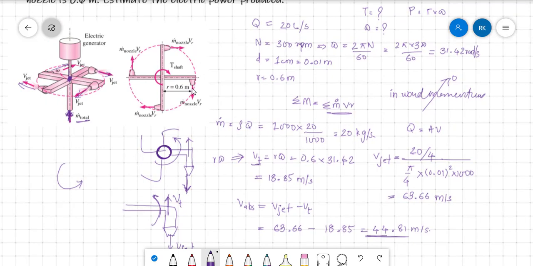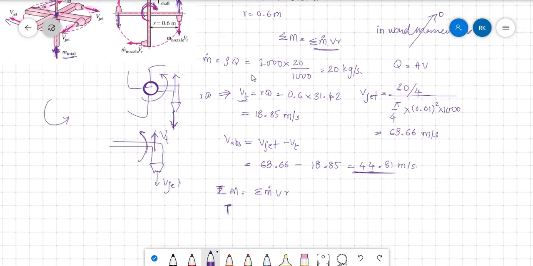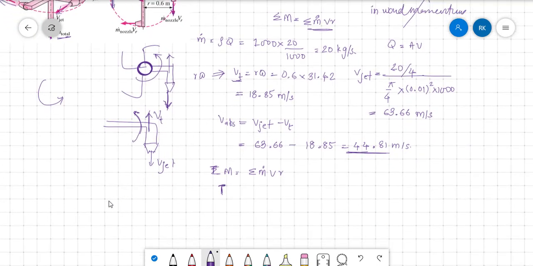As I said, if the velocity is in this way, there is an opposite impact created on this body, and due to this opposite impact, there should be a resisting torque. So that will be in clockwise direction. If this is anti-clockwise one, then there is clockwise one. So torque is clockwise, considering clockwise as positive.